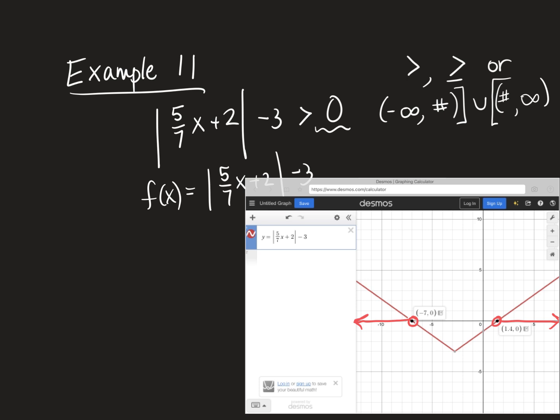An OR graph looks like this one that I have just drawn. So my answer is going to be from negative infinity to -7. It is just greater than, so I would put a parenthesis, union 1.4 with a parenthesis, to positive infinity. And that would be the solution.